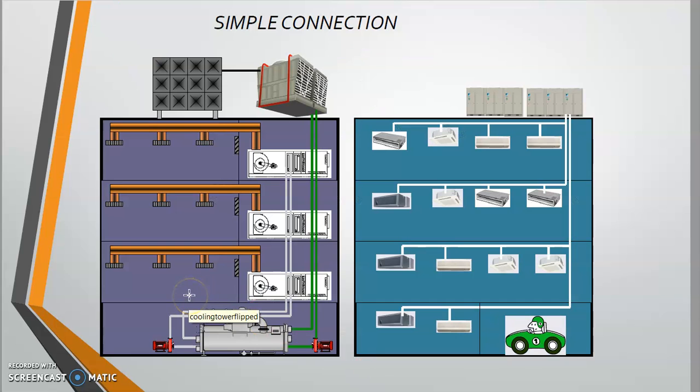From this figure, this is an example of the difference between the VRV system and our centralized system. On the left hand side is the chilled water system. At the ground floor, or what we call the basement, we use a chilled water system because we have the cooling tower here and the backup water tank here.